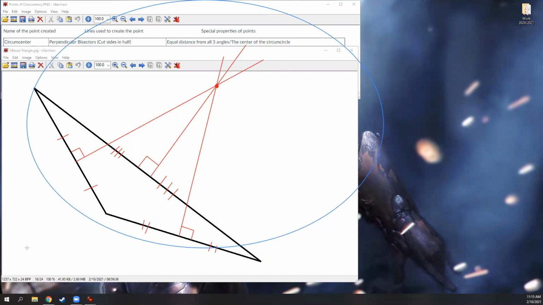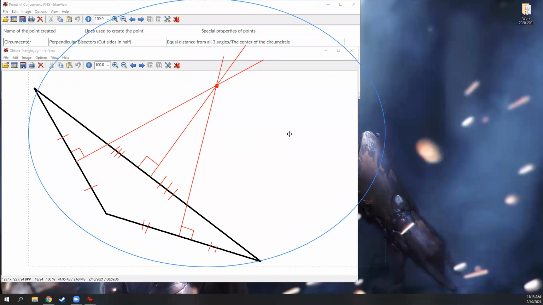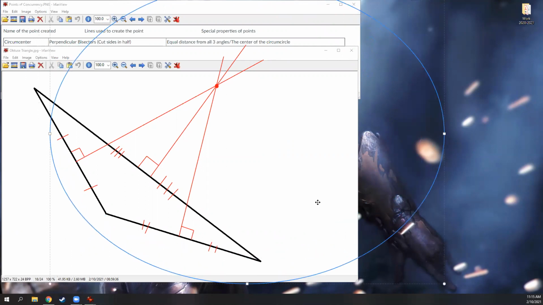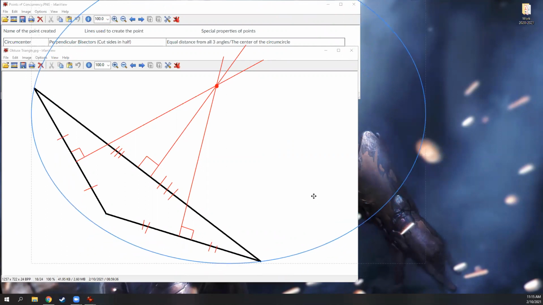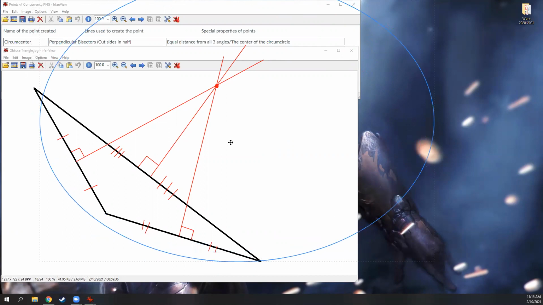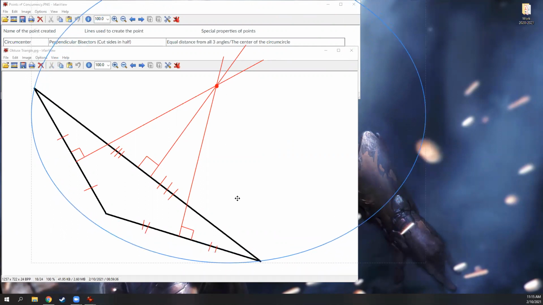Again, the whole circumcircle thing isn't really necessary, but I'm giving you the knowledge. That's almost right. It would touch all three points. I'm having a hard time manipulating this to do exactly that, but I think you get the idea. It would be sticking out real far, and this would be the center of the circle.